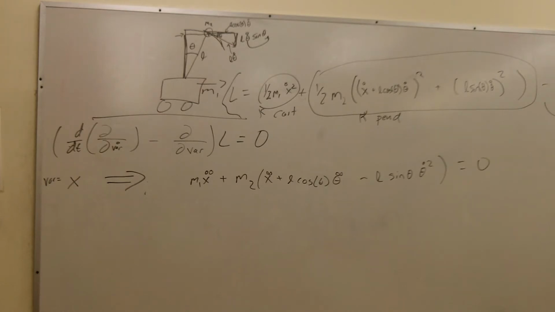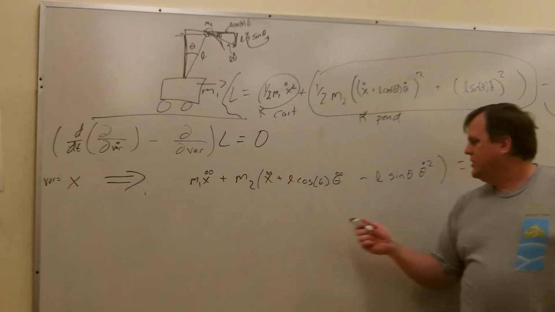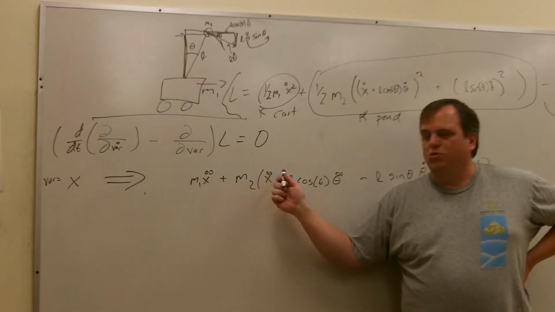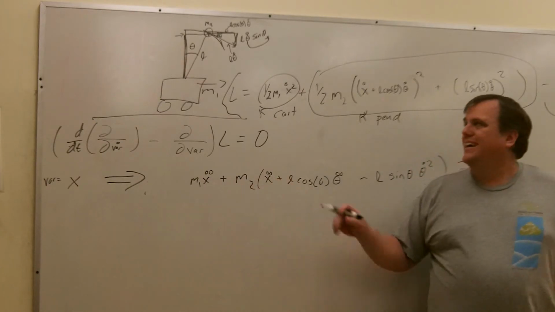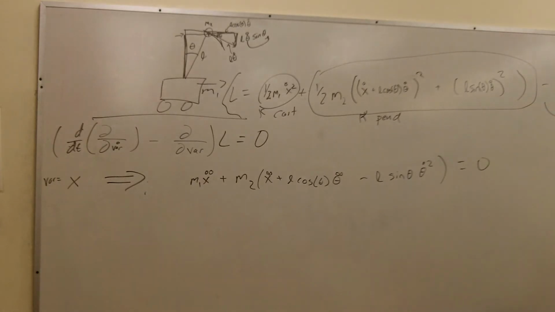So this comes from taking a look in the x direction. Now if you notice, we want to try and get some feel for this. Right? If you look at this term, I could break this parentheses out and you would get m1 plus m2 times x double dot. That's kind of the net, if you just assume the whole thing was rigid. Okay? That's telling you, that rigid system, how would it move?